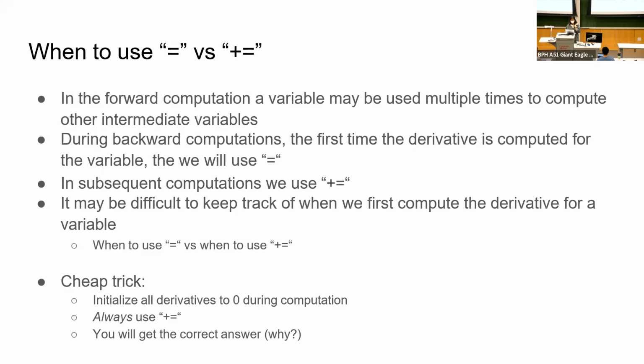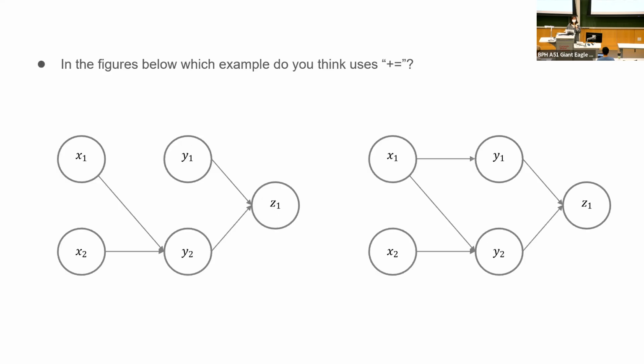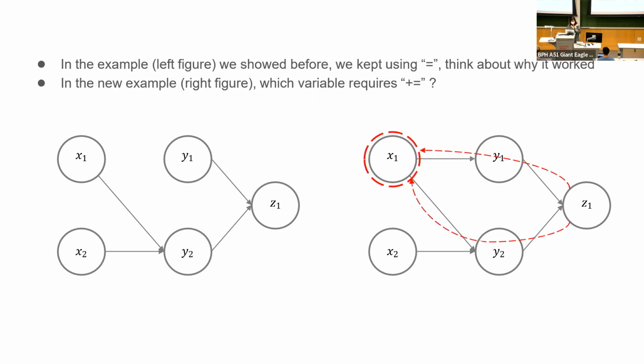But if we only focus on the times of the contribution from the input to outputs, for which one we should use plus equals. Yeah, exactly, because we have two paths from x1 to z1. The first one is x1, y1, z1, and the second one is x1, y2, z1.